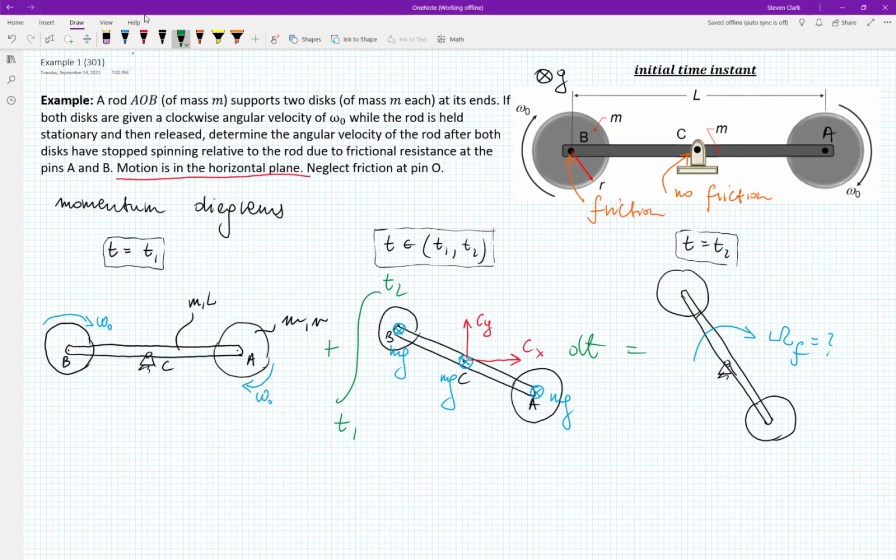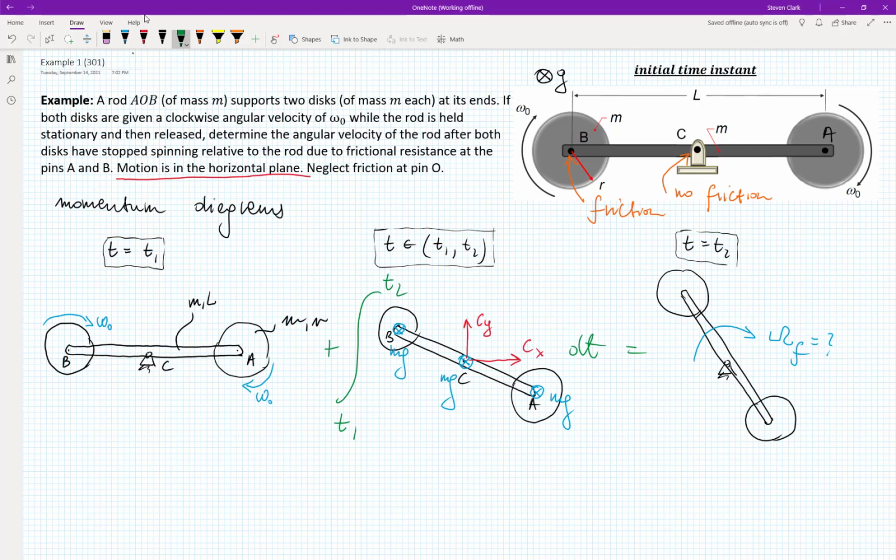I need more dynamics answer. The only external force acting on the system is acting on that point. Yeah, but that force comes from the pin, so probably this is what you had in mind. Yeah, that's true. This is the reason. So the only external force, a reaction at point C, is acting at point C naturally.